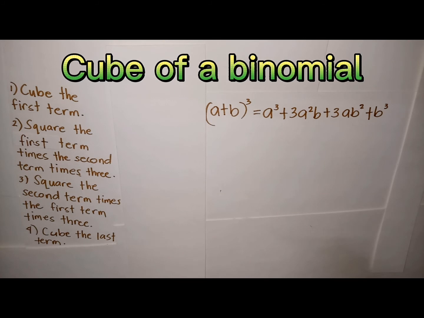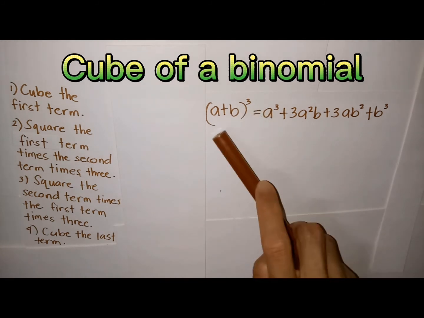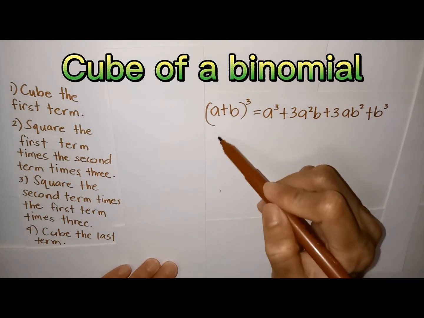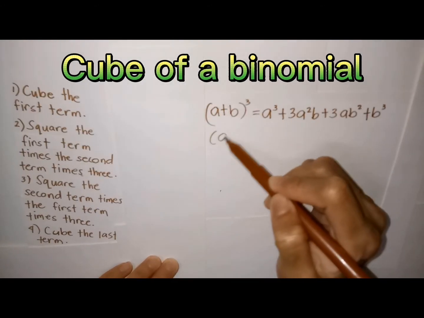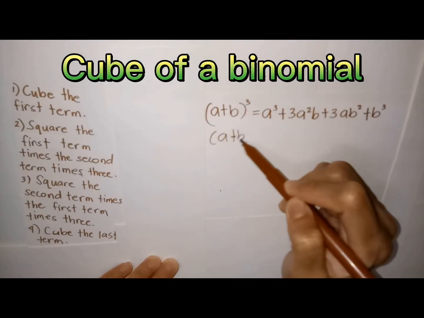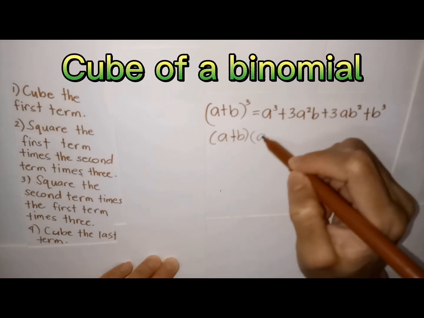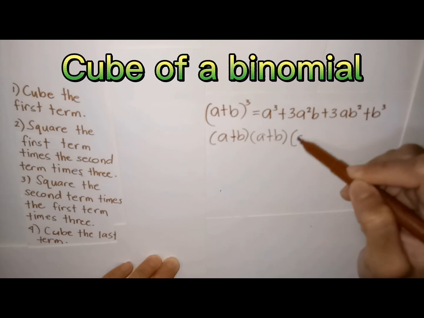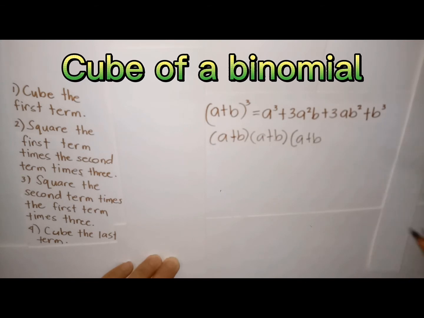But this time, we need to cube the given quantity. So that is a plus b times a plus b times a plus b.